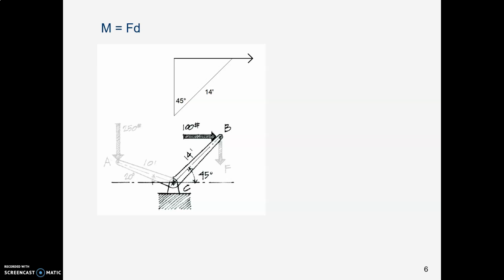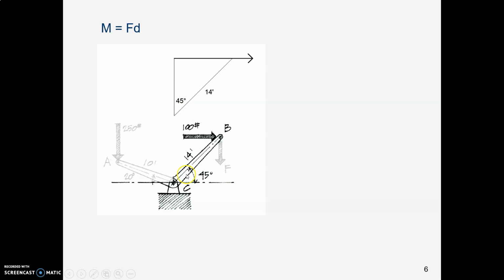Now let's look at this 100-pound force pushing on the right. And here I've drawn a triangle for this arm. And here is the line of action for our force going across the top. And he tells us this is a 45-degree angle. And I've written 45 degrees in here.